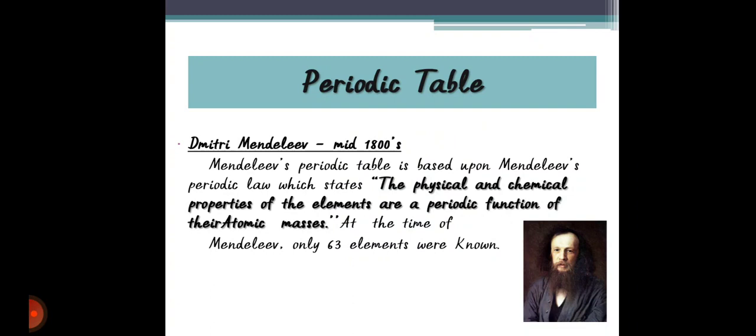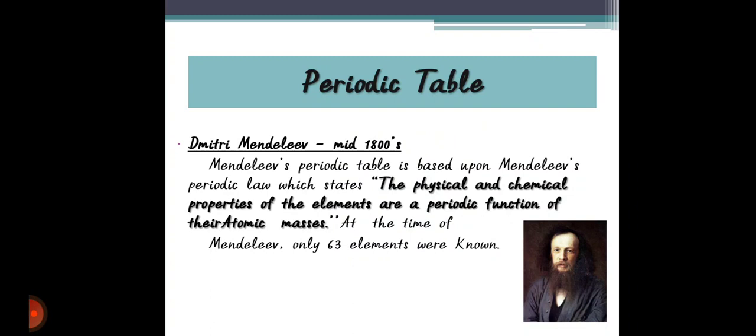He believed that the atomic mass of elements was the most fundamental property in classifying elements. He arranged known elements in increasing order of their atomic masses and properties, and thus created the first periodic table containing 63 elements, known as the Mendeleev periodic table. Mendeleev's law states that the physical and chemical properties of elements are a periodic function of their atomic masses.